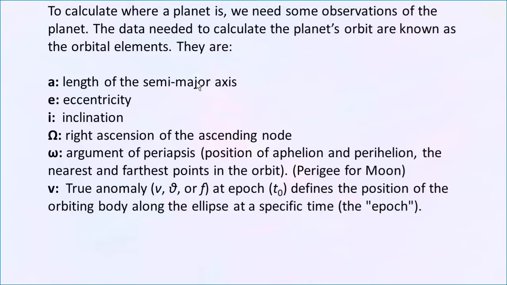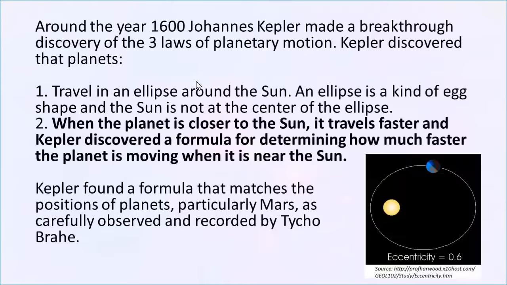Now, we need to know how far away the planet is. Well, we noticed, if we go back up, that the planet travels in an ellipse. So we could talk about the distance the Earth is from the sun as maybe this long distance, or the short distance, or maybe we take it from the center and take half that.